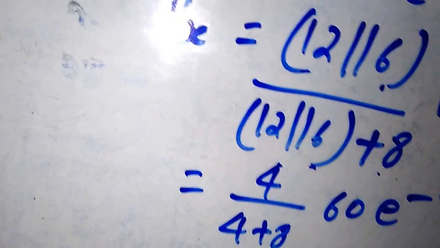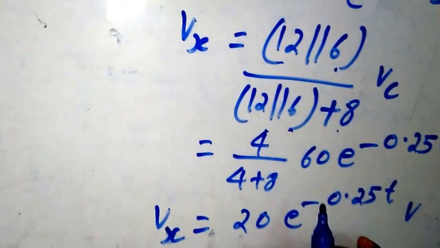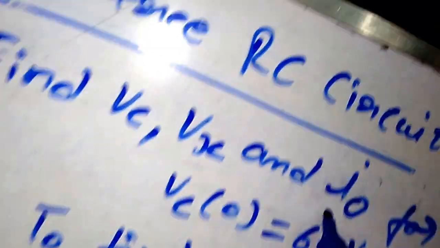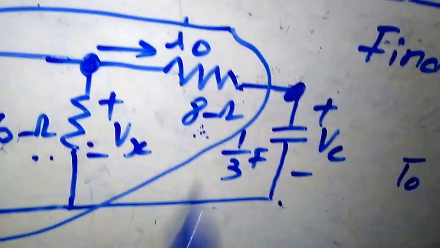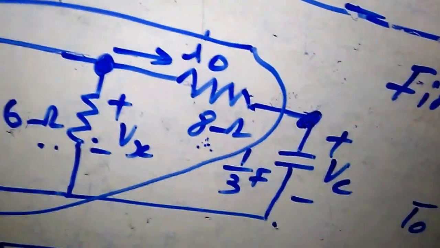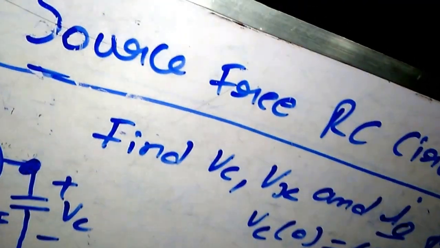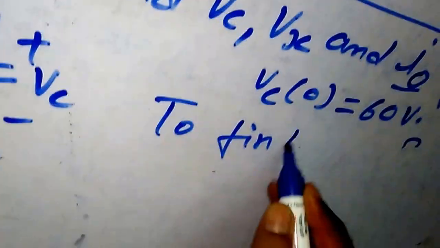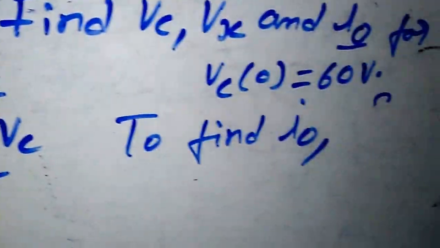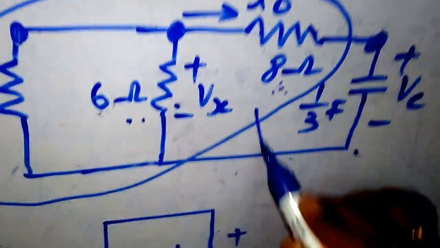Next we need to find I naught. This I naught is the current flowing through this 8 ohms. To find this I naught, if you refer to this figure, I consider this mesh.